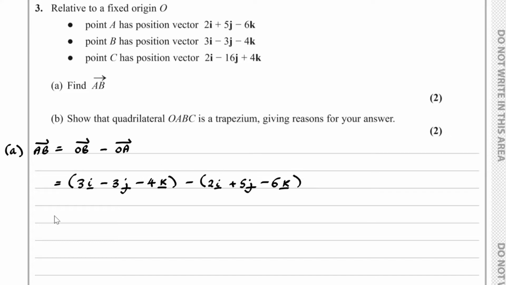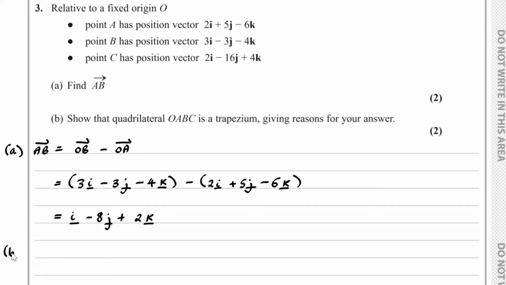And if we tidy all this up, 3i minus 2i, that would be 1i, minus 3j minus 5j, that would be minus 8j, and minus 4k minus 6k, that will be 2k. So this over here is the vector AB.